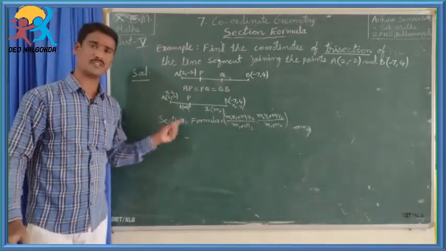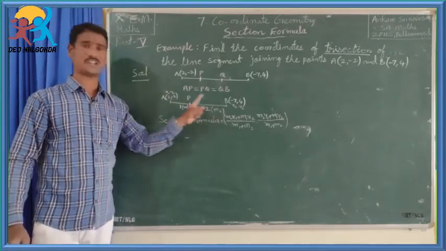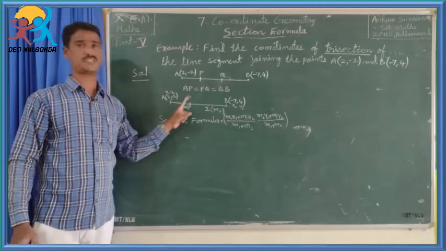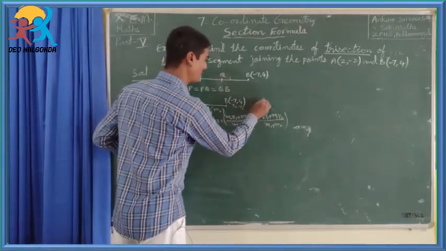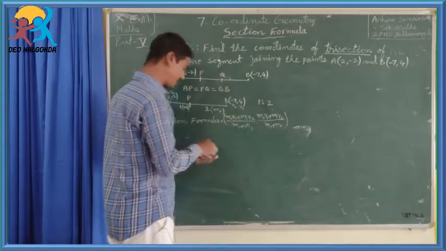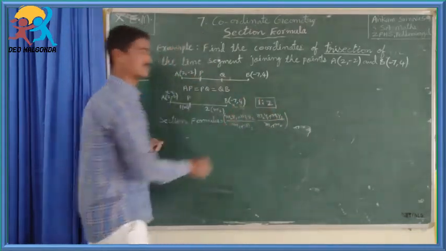We have to find the coordinates of P which divides the line segment in the ratio 1:2.